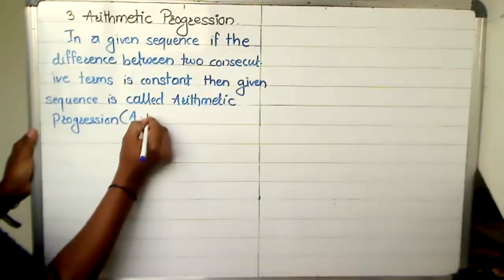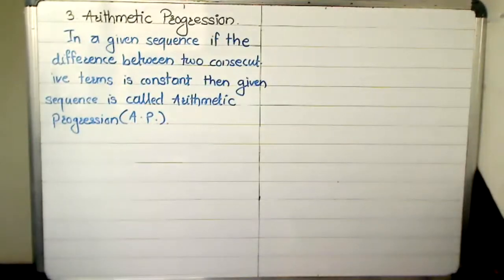So in short, we call arithmetic progression AP.